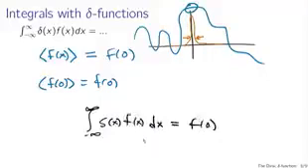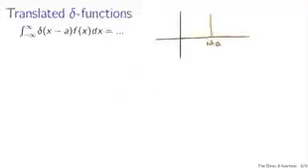We can do this not just for the delta function of x, we can do it for delta functions of x minus anything, for instance, x minus a. If we plotted this distribution, delta of x minus a, it's going to be 0, except for the point where x equals a. So at x equals a, the argument of the delta function goes to 0.